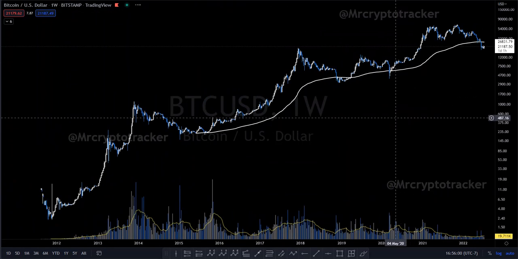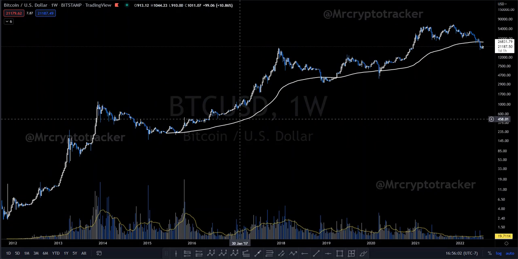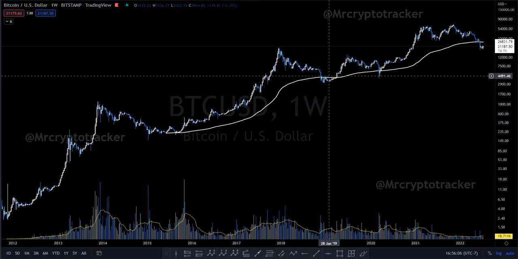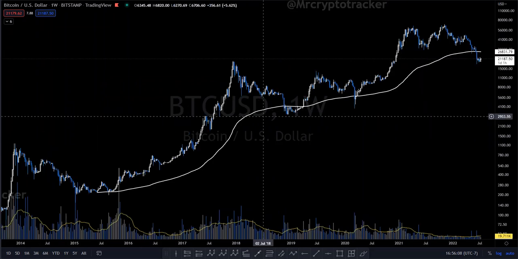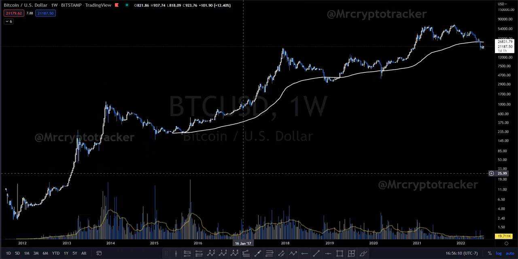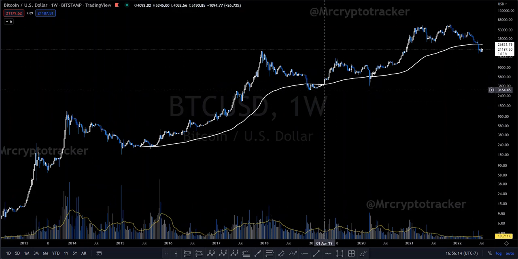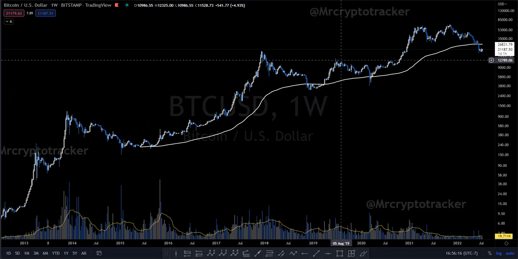So in the weekly time frame, this is the moving average. This is the 200 weekly EMA, and you can see whenever the price approaches this EMA, it shows a good reaction and a rally.